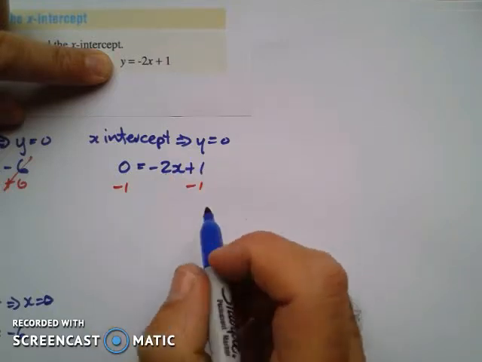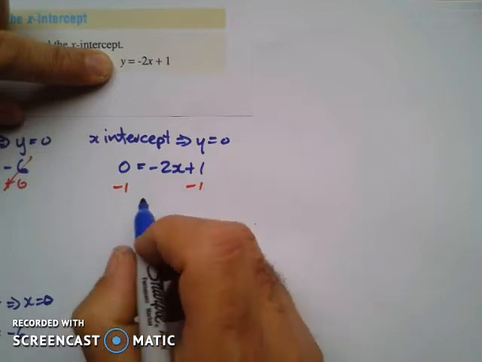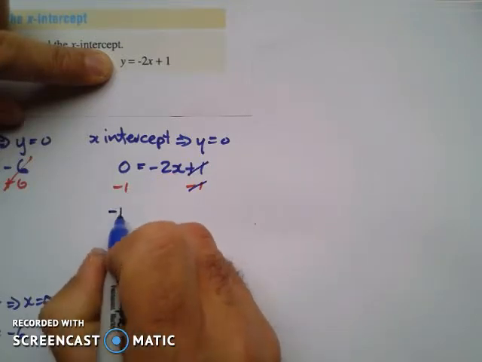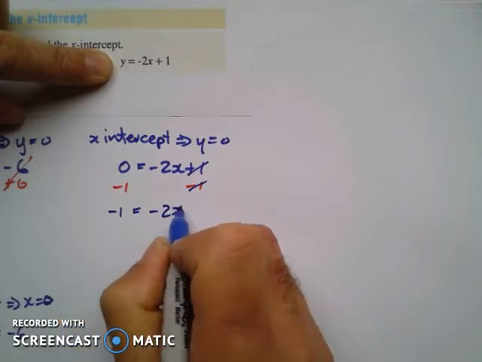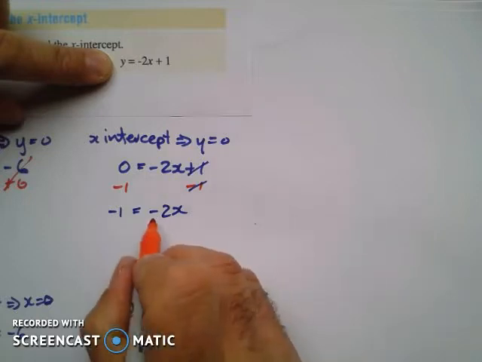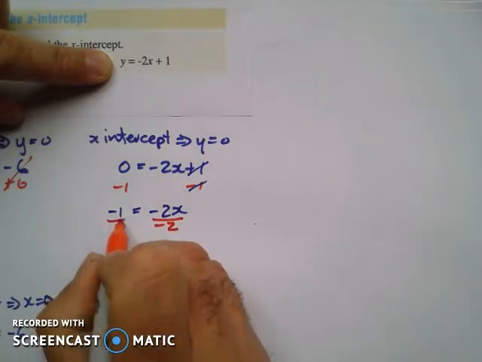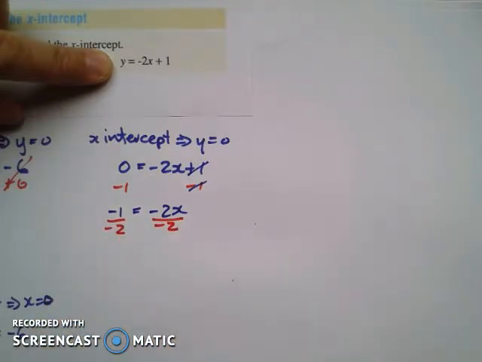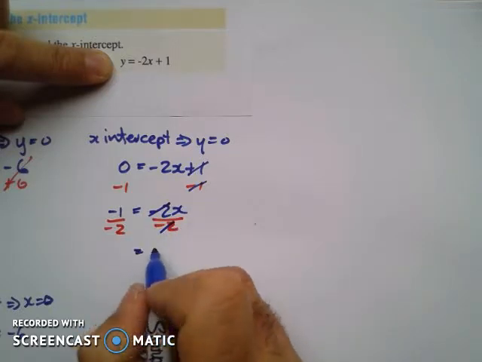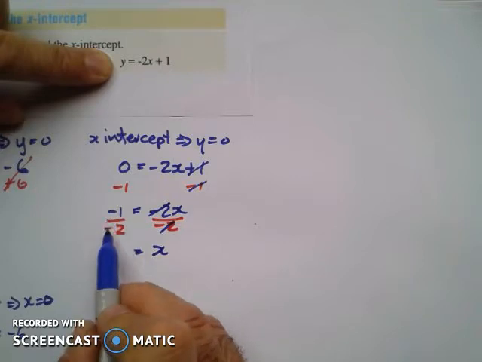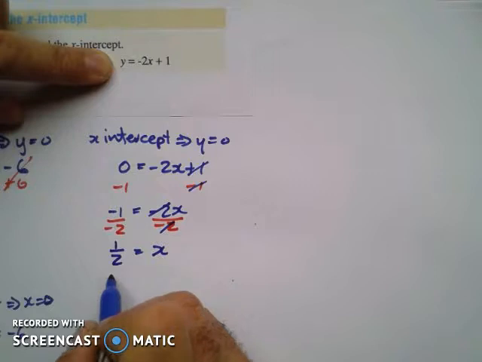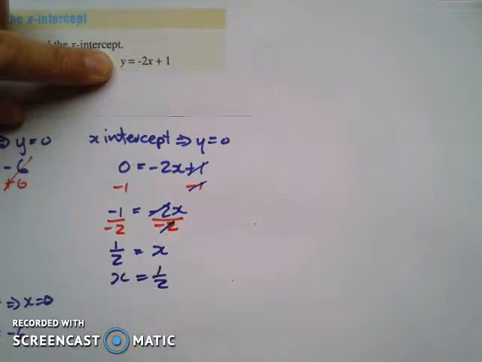Plus 1, negative 1 cancel. 0 take away 1 is negative 1, which equals negative 2x. This is multiplication, so to get rid of negative 2x, I'm going to divide by negative 2 on both sides. A negative divided by a negative is a positive, so x equals a half.